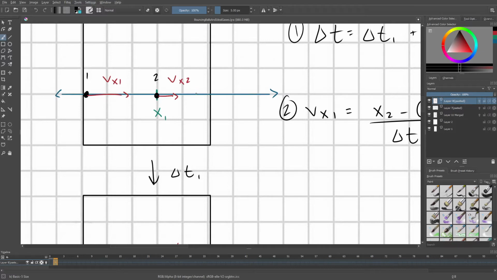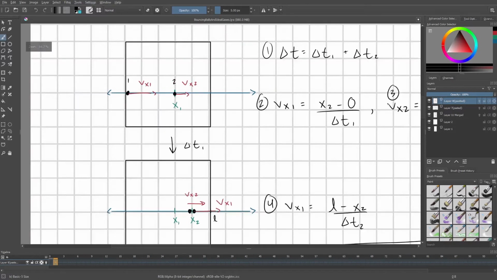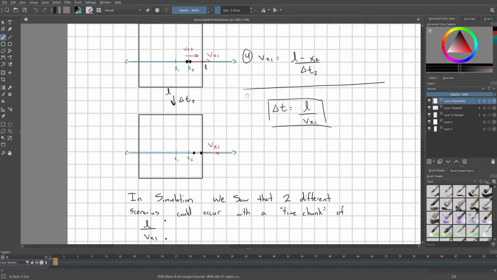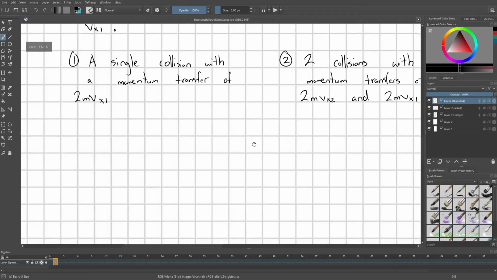If I put it super close to the wall, it could slam into it, and then particle 1 would hit it, and then it would slam into it again, right? But we gotta find what that distance is. So that's the next goal here: determining situation 1 versus 2.